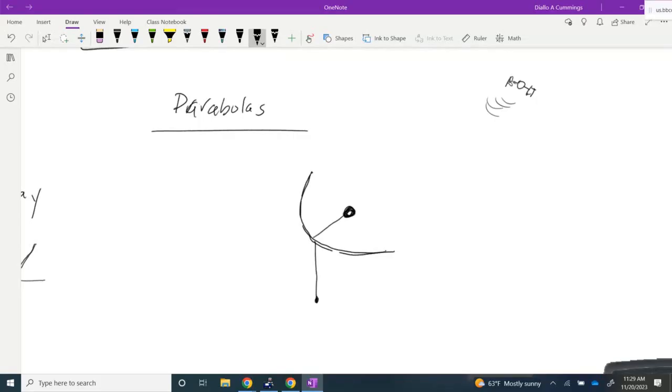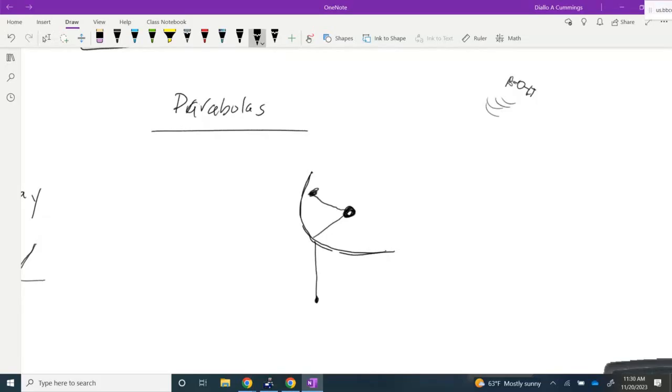The signals hit the base of this parabola, and then they reflect to the focus, or the receiver. So the rays bounce in from the satellite, they hit the cone of the dish, and once they hit the cone of the dish, they reflect to what's called the receiver.